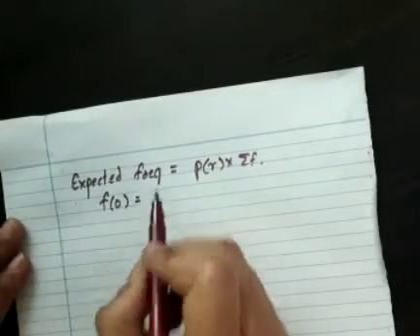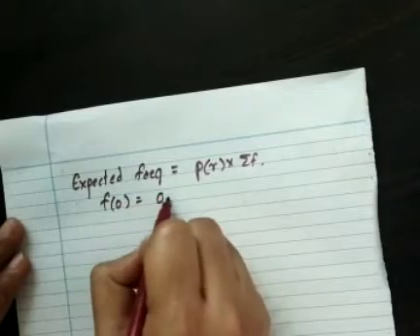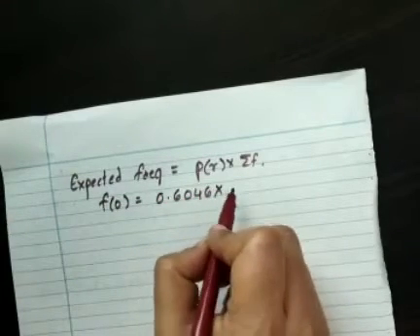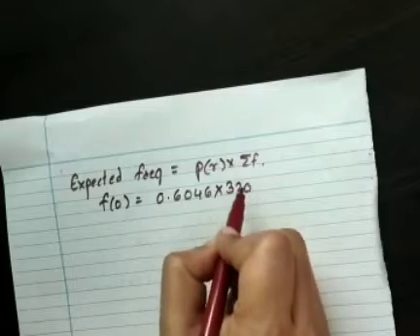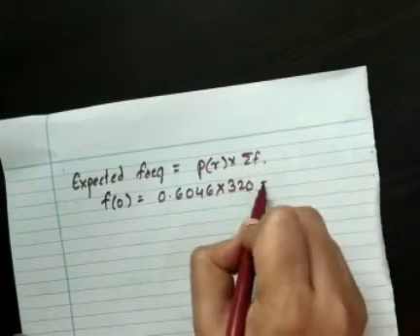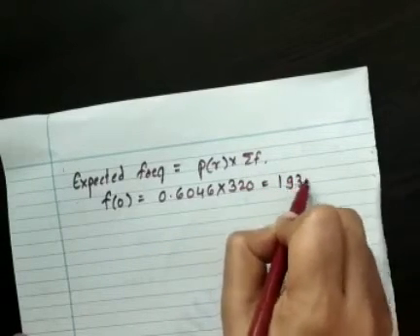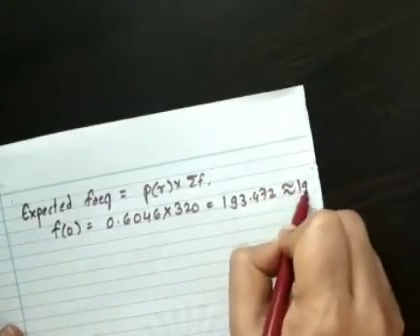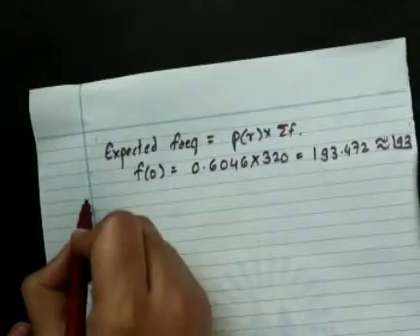So f of 0 is probability at 0, that is 0.6046 into summation f, which is 320. It is equal to 193.472, and we'll round it to 193.